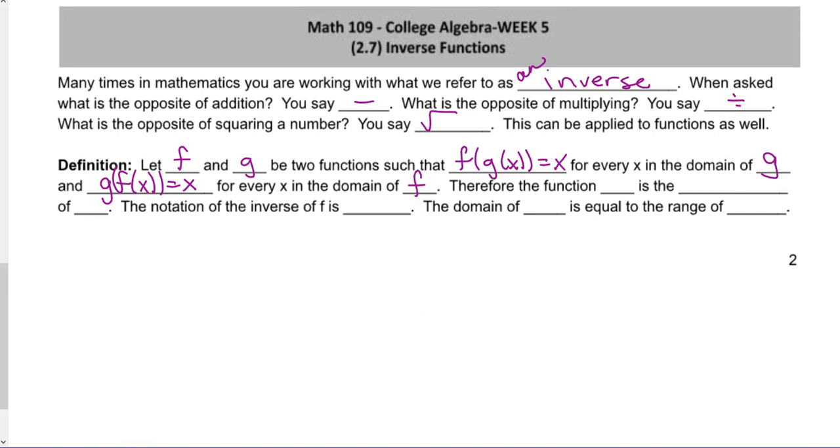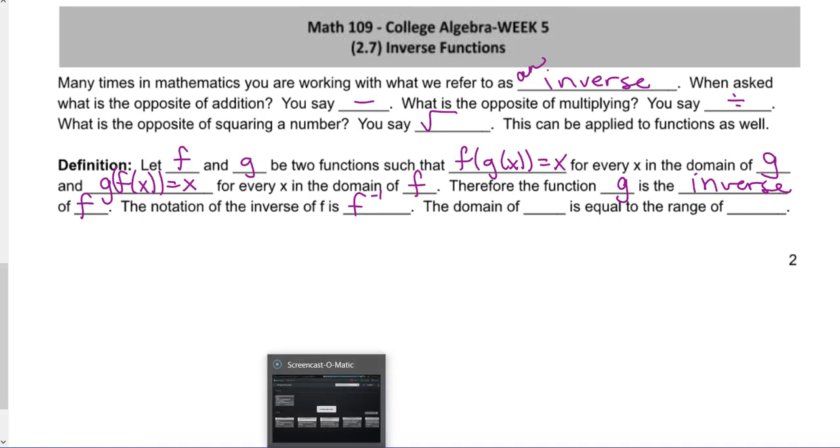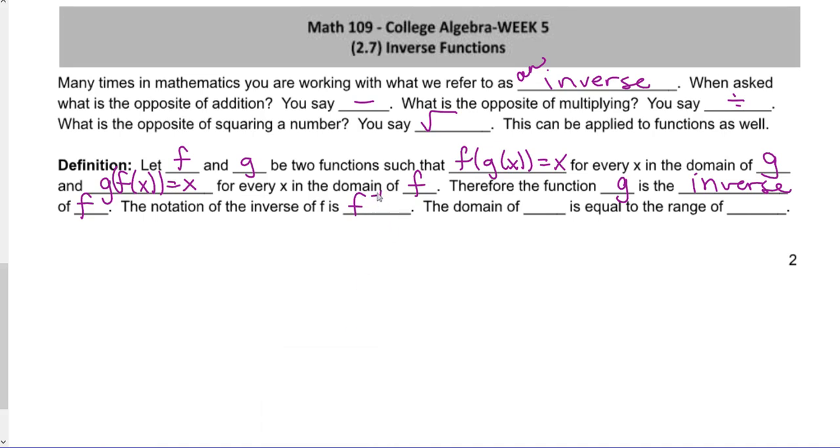Therefore, the function g is the inverse of f. And the notation of the inverse of f is f to the minus 1. So make sure you realize that that's not really taking f to that power. It is just a notation thing.